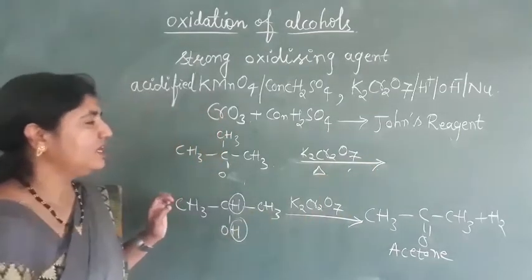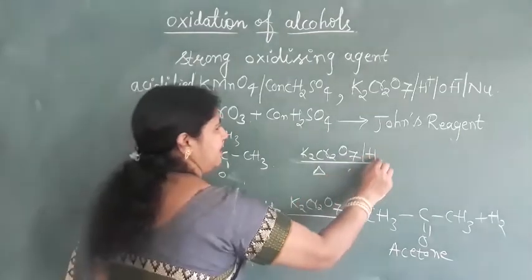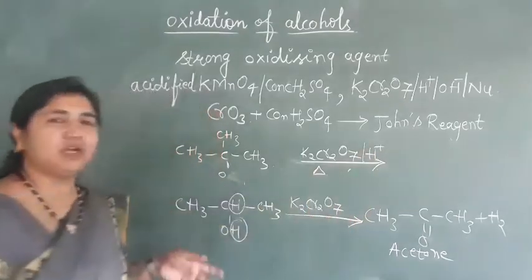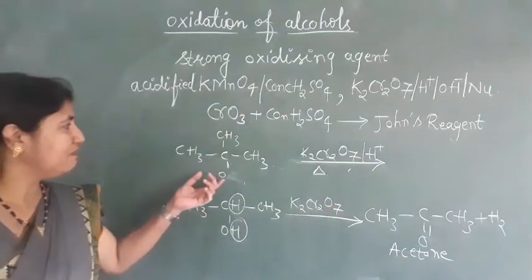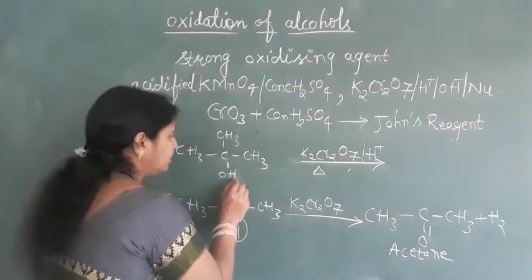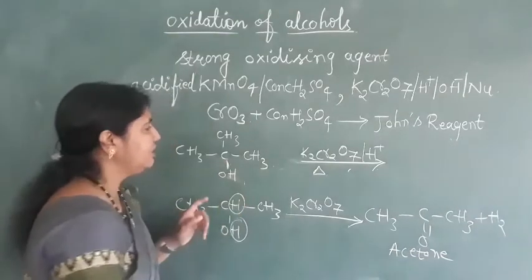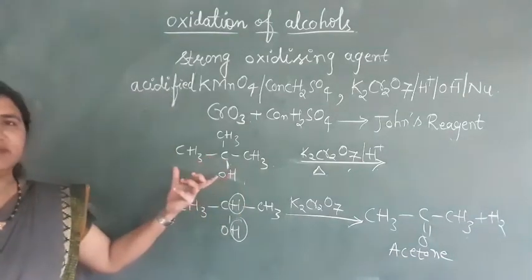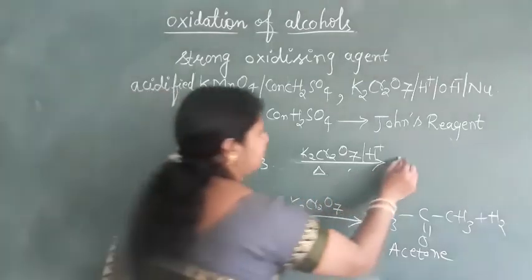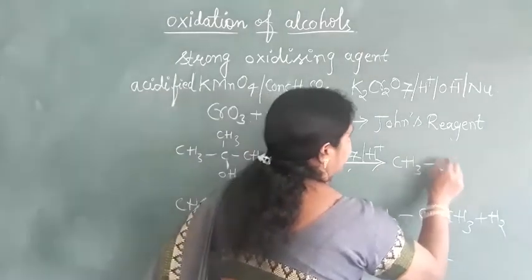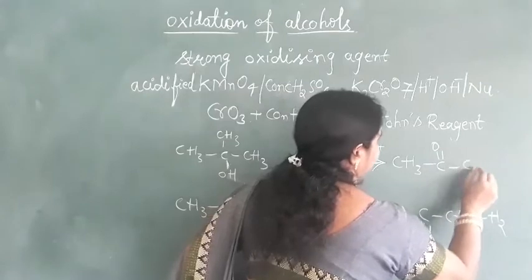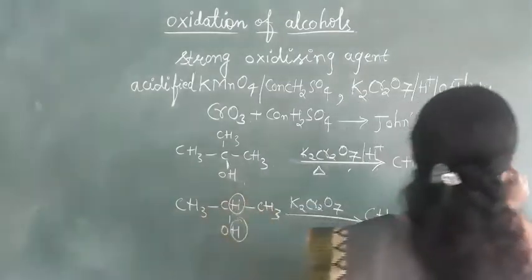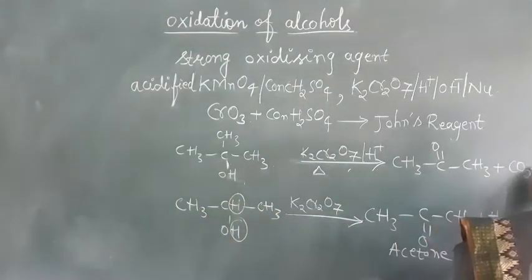here. Okay, with acidified potassium permanganate or potassium dichromate, they will not convert directly into the same as it is here. What we will get here is a mixture. First CH3-C double bond O-CH3, acetone, will form here, plus CO2 plus 2H2O.